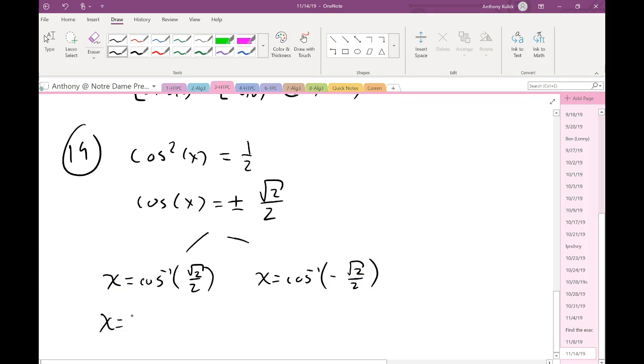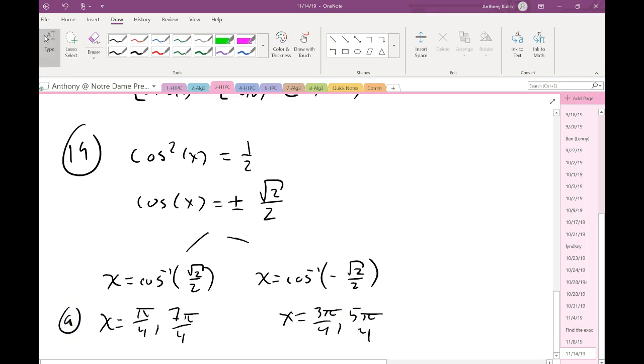When I go to my unit circle, I have answers at pi/4 and 7pi/4, and then over here I have answers at 3pi/4 and 5pi/4. That's my answer to part A.